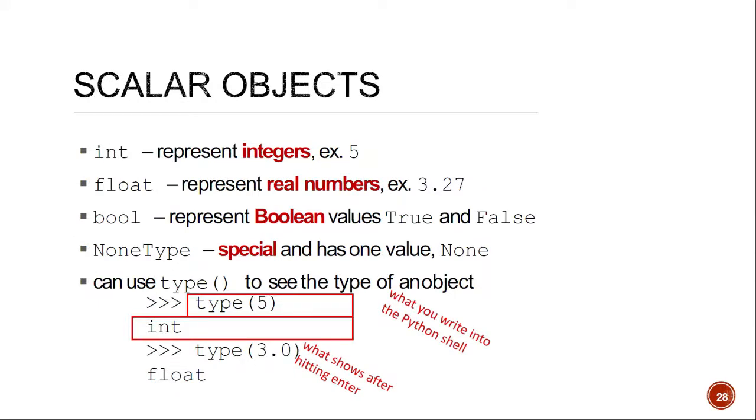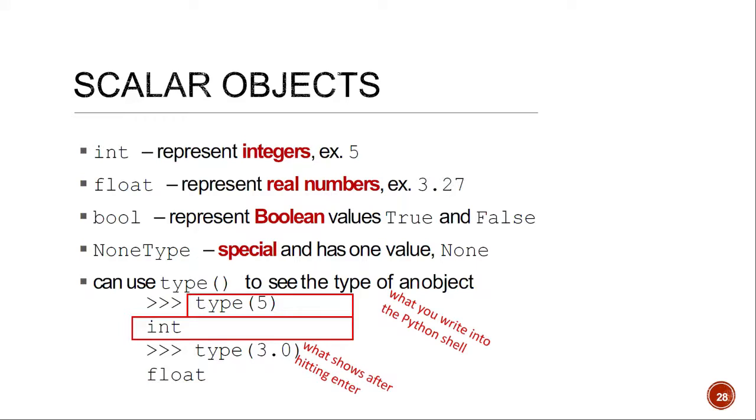Scalar objects include integers, floats, Boolean, and the NoneType, which is a special type of data corresponding to the variable None. You can use the command type to see its type.